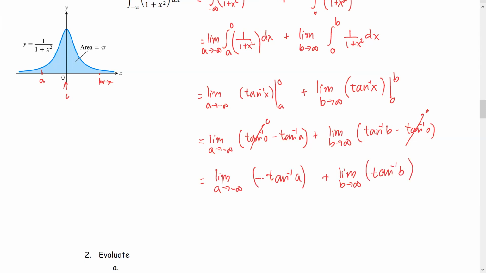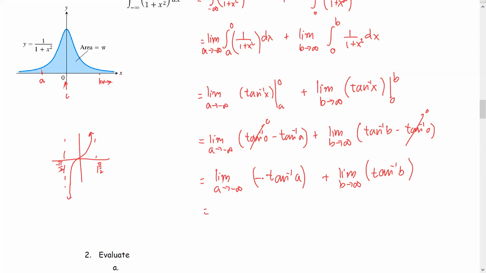Recall the graph of the tangent. As x approaches negative pi over 2, the graph approaches negative infinity. On the other side, as x approaches pi over 2 from the left, the graph approaches positive infinity.